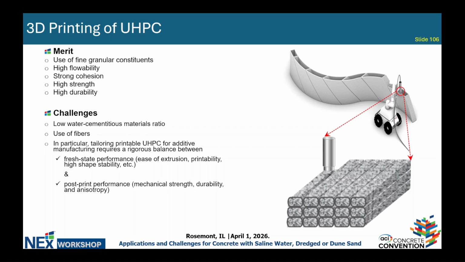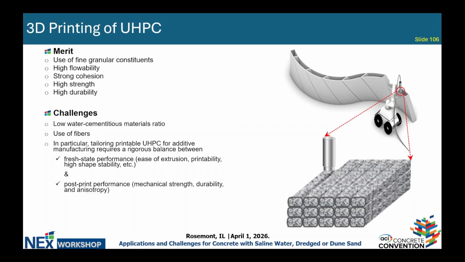However, when we use it, we also face some challenges. For example, the ultra-low water to cementitious material ratio makes it pretty hard to mix to reach a homogeneous state. Typically, the mixing process is much longer than for conventional concrete. At lab scale, it needs at least 15 minutes. The use of fiber is also one of the challenges, but because UHPC uses micro steel fiber, if we don't use an ultra high volume fraction of this fiber, this is a minor challenge, if we use a large enough nozzle head.